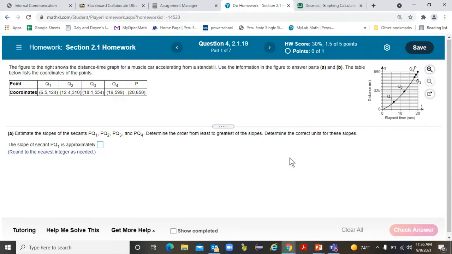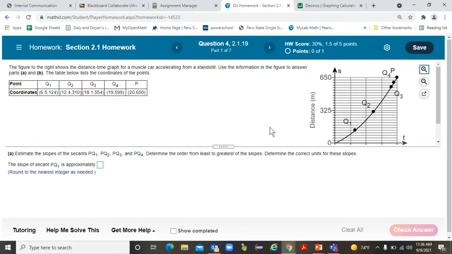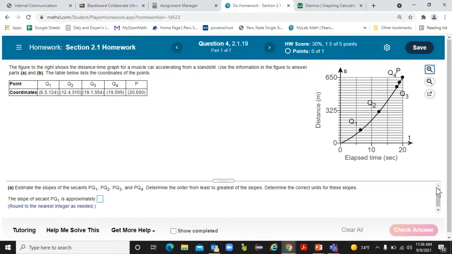So this is distance and time for a muscle car. If you look at the graph over here, I'm just going to make it bigger so we can see it better. At time 0, the muscle car has not moved yet, and then he slams on his gas.